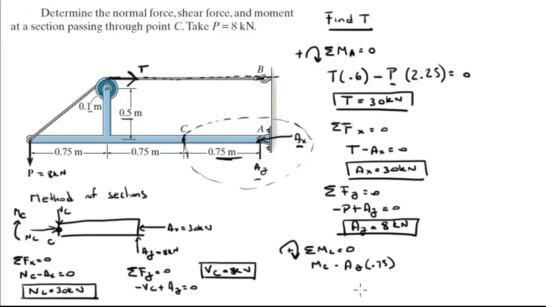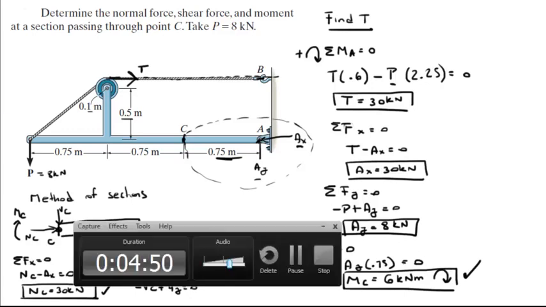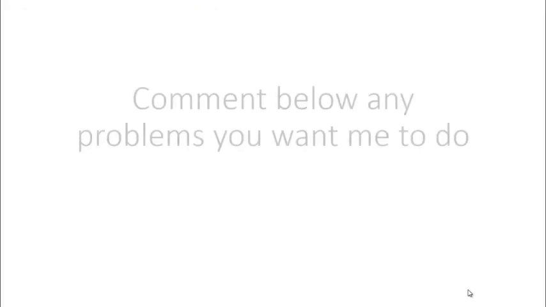And you know AX creates no moment because it points directly at C. So sum of the moments is equal to 0, so the moment is equal to AY times 0.75, which comes out to be 6 kilonewton meters going clockwise. So final answer for the normal, final answer for the shear, and final answer for the moment at C.